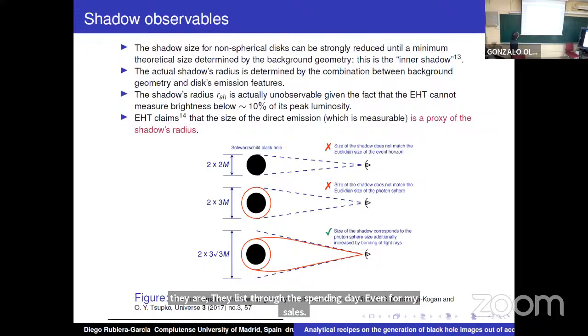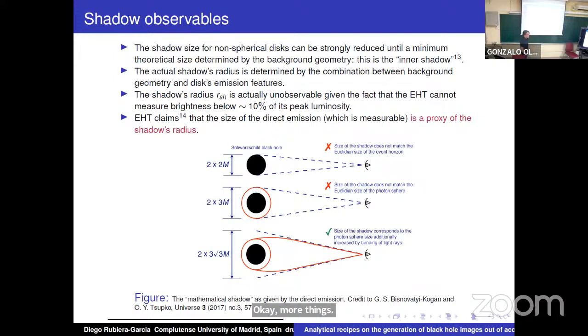Okay, more things. Now we go to the observables. What does the size, or the central brightness depression, have to tell us? This would be the naive expectation: there is a black hole, but the size of the image is not determined by the horizon. It is not determined by the size of the photon sphere either, because these two do not take into account the bending of light.